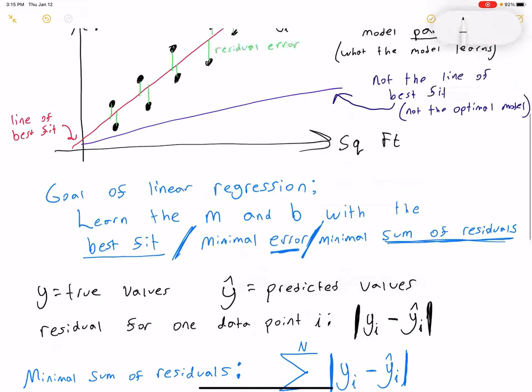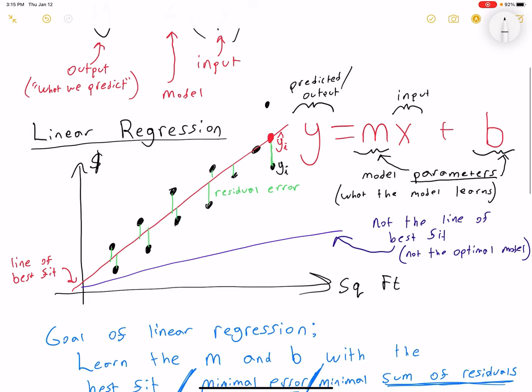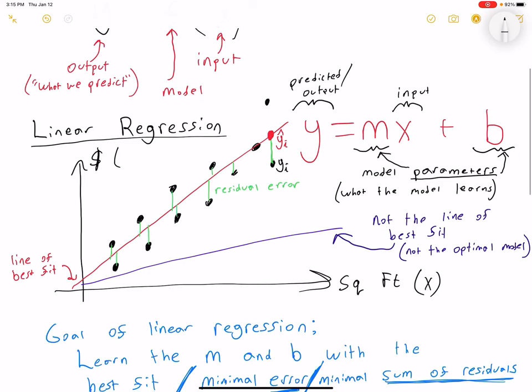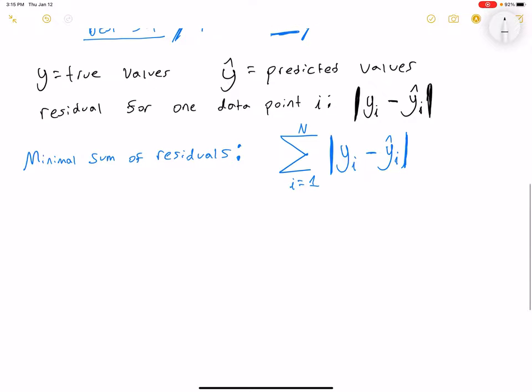So we drew linear regression where we have one input, our x input, and our predicted value y. But now let's just think about what linear regression would look like in 2D. So 2D linear regression.